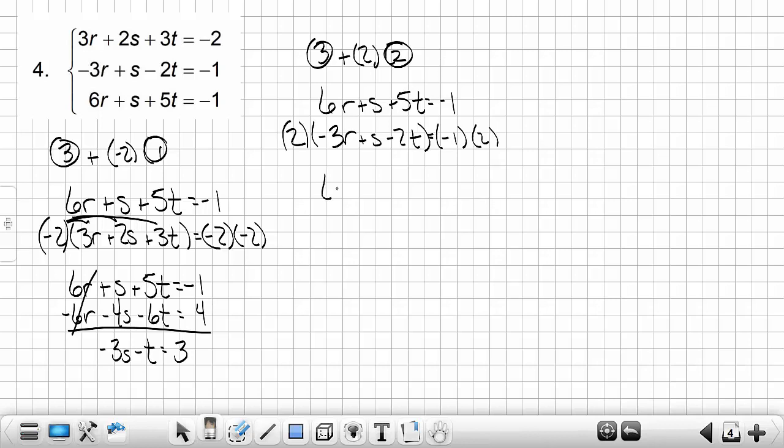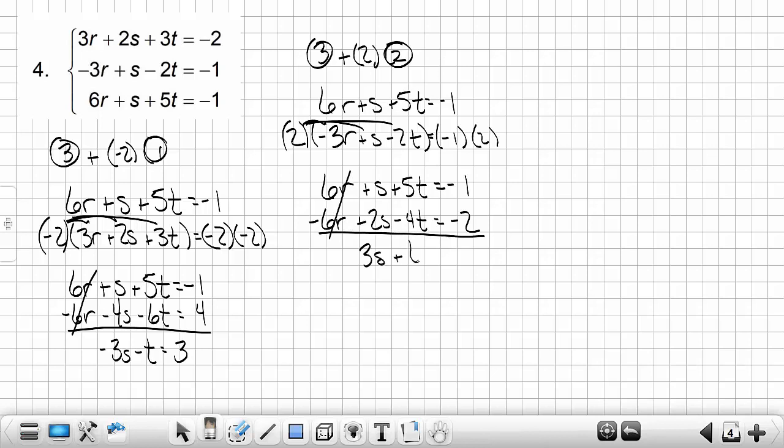So I get, rewrite, 6r plus s plus 5t is equal to negative 1. And distributing here, I get negative 6r plus 2s minus 4t is equal to negative 2. My r's cancel. I get 3s plus t is equal to negative 1. Oh, no, no, no. Sorry, I didn't see that that one's negative. That's going to be negative 1 minus 2, which is negative 3.